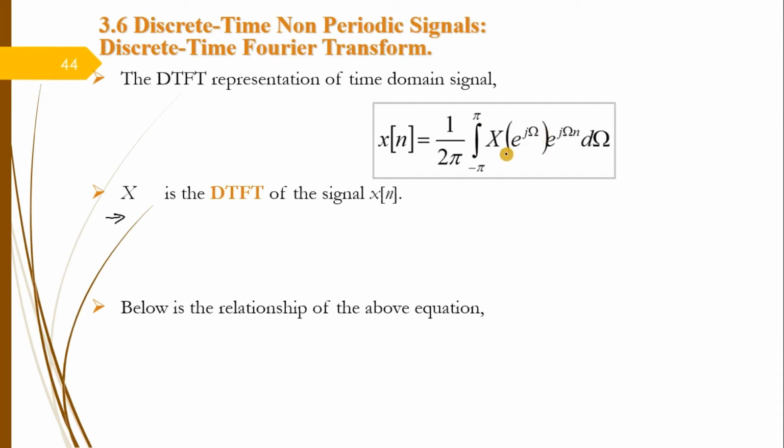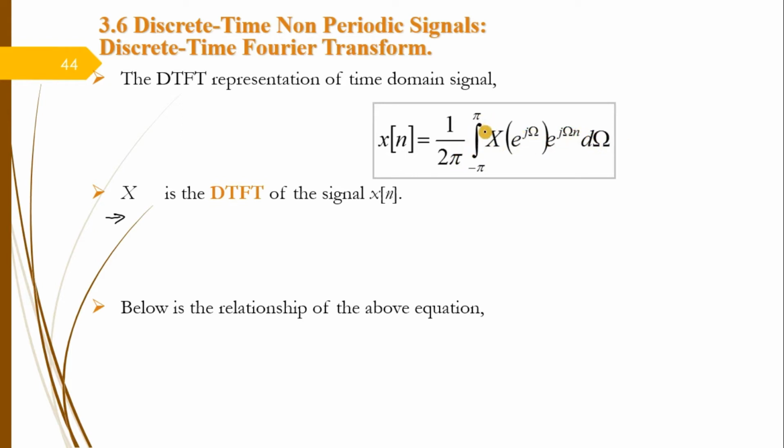This is the difference between periodic and non-periodic signals. We use X of k for periodic time domain signals, and for non-periodic time domain signals, we denote the frequency coefficients as capital X of e raised to j omega in DT, and in CT, e raised to j small omega. That's the difference.